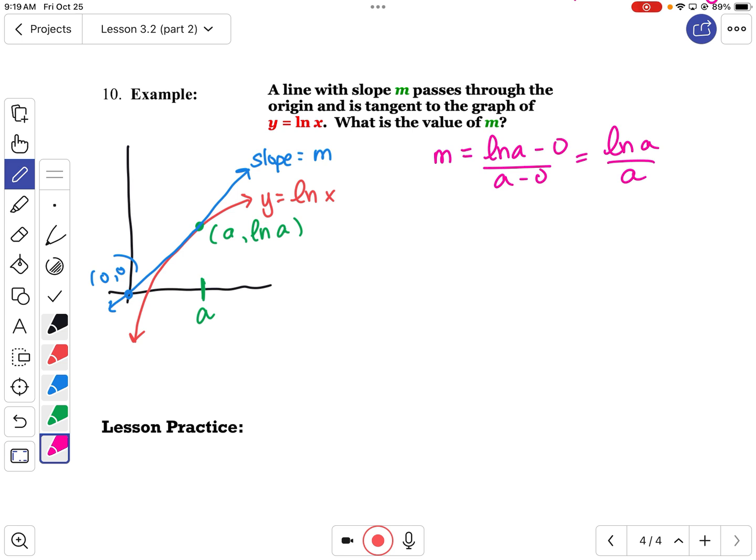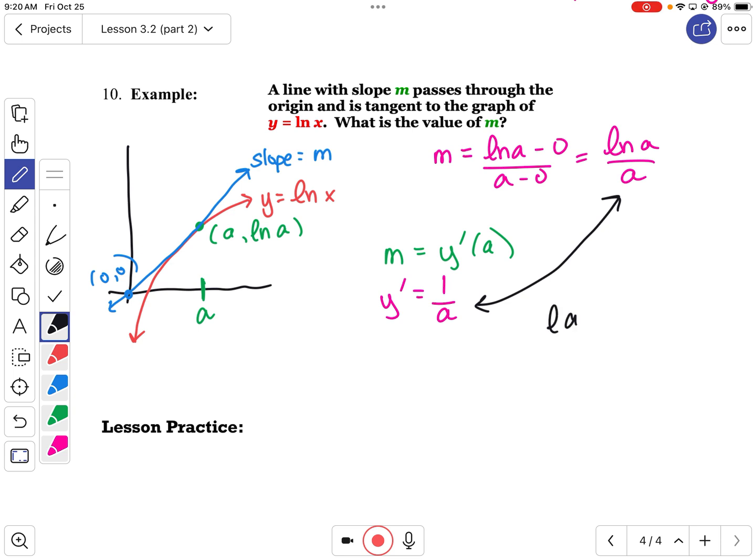Now, that doesn't help me get a value, because I still don't know where A is. But would that slope be the same thing as the derivative evaluated at A? Yes, because that is the slope of my tangent line at A. So let's take the derivative. What is y prime? It's going to be 1 over x, or we're calling it A. Now I know that these 2 things have to be equal.